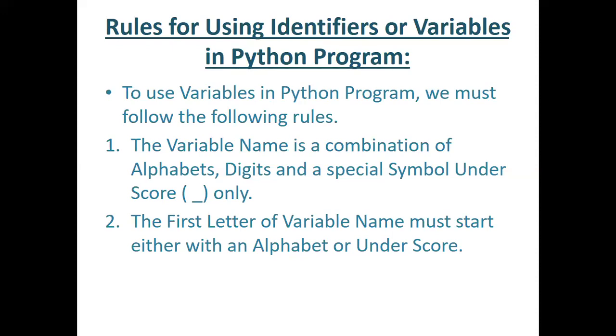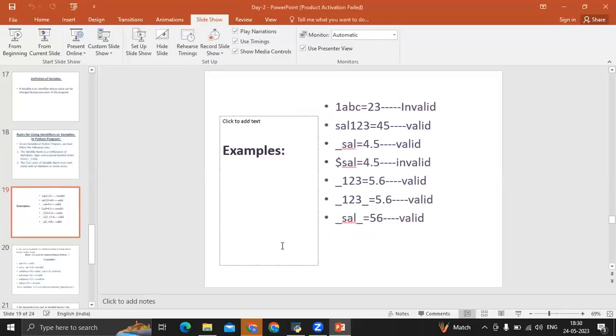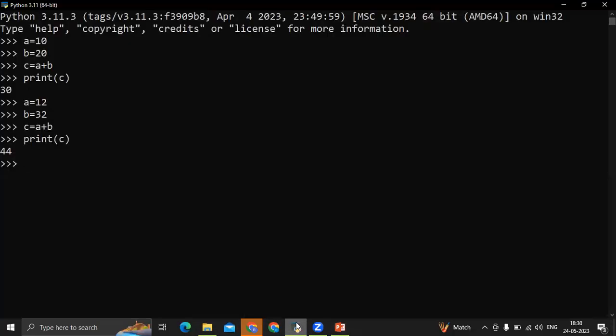The first letter of a variable name must start with either an alphabet or an underscore. Let me show you. If I write AB is equal to 50, it is acceptable.